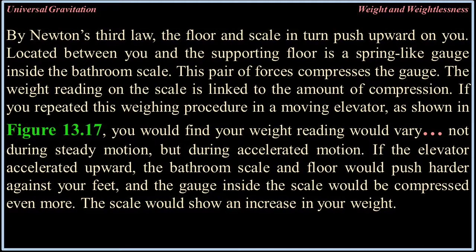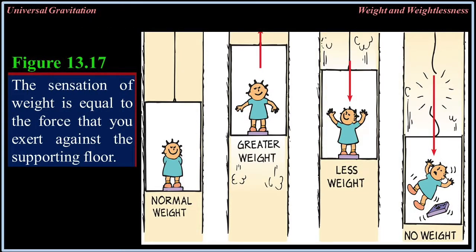If you repeat this weighing procedure in a moving elevator, as shown in figure 13:17, you would find your weight reading would vary, not during steady motion, but during accelerated motion.